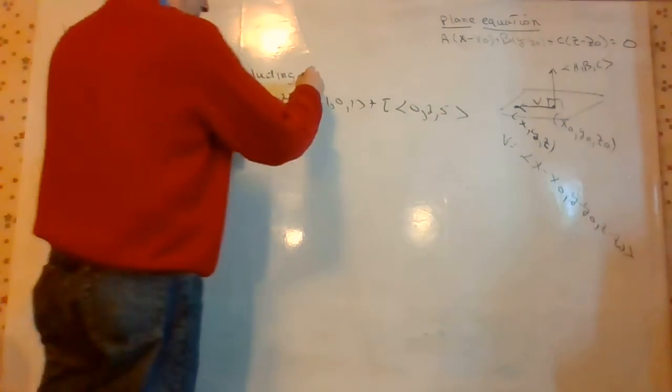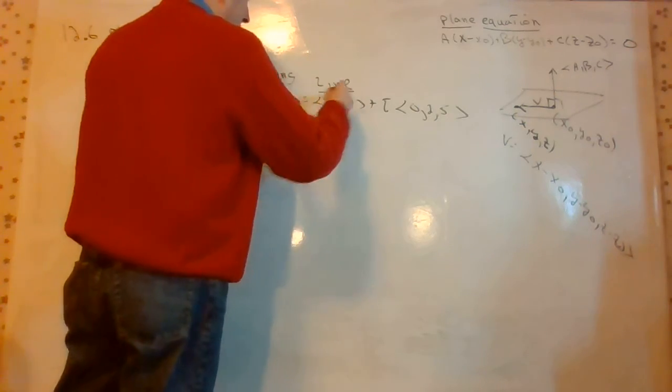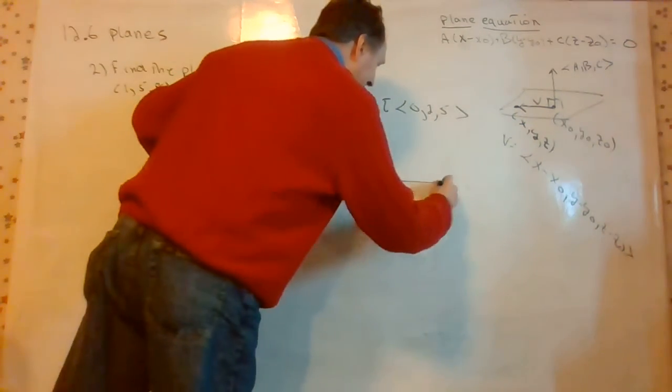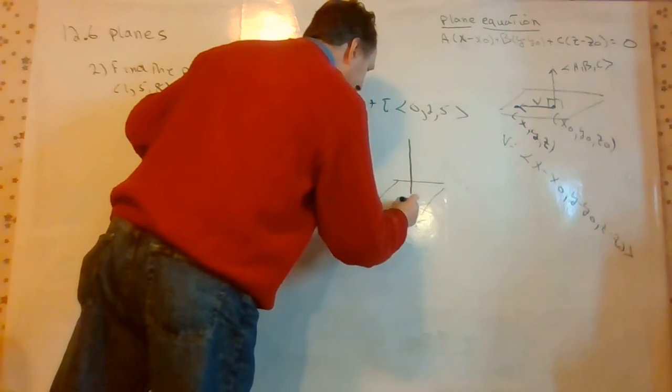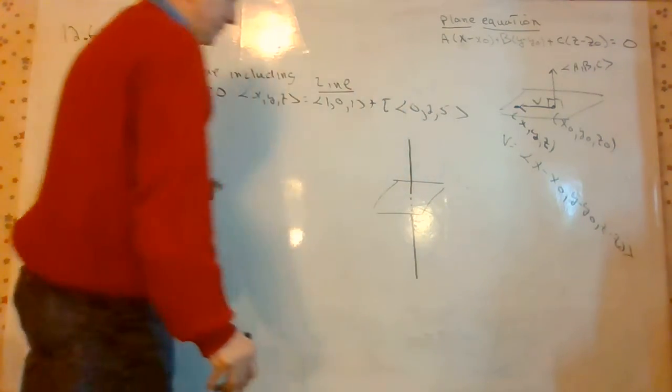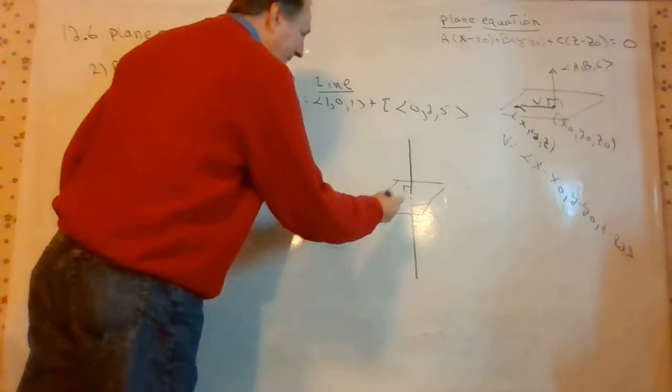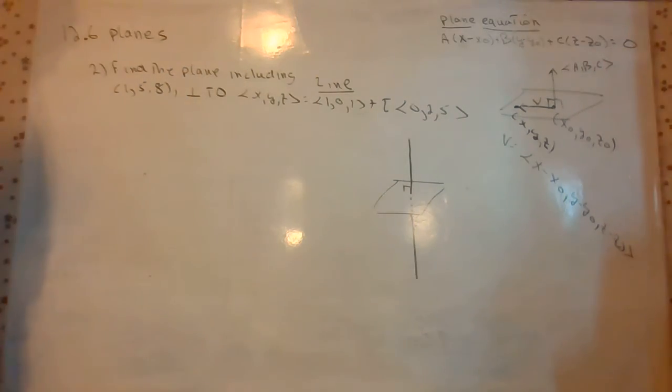Now keep in mind this is a line. You can draw a little picture here, which helps you to sort things out geometrically. There's our line, there's our plane. The line's perpendicular to the plane.